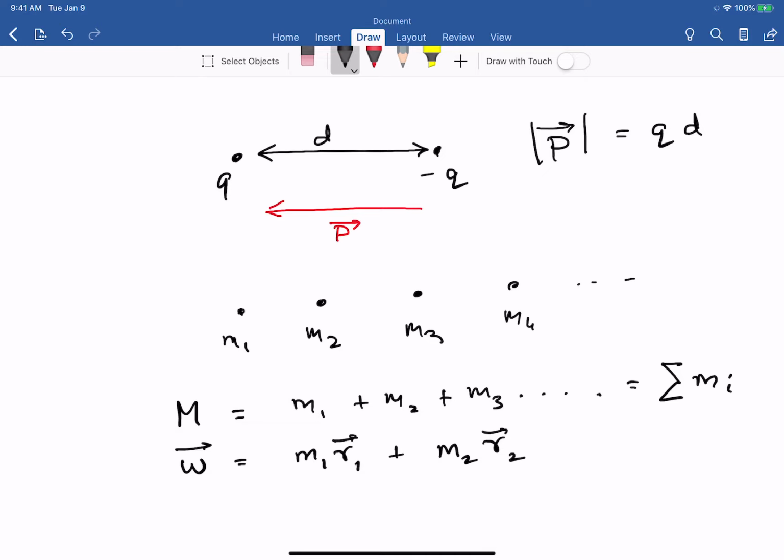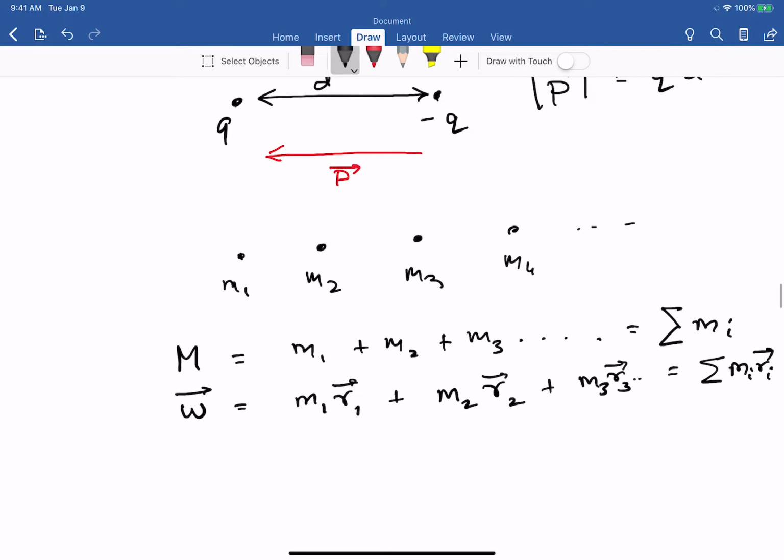Now, I drew these particles as all lying in one straight line, but they don't necessarily have to lie in the same straight line. They can have any distribution. So the vector W is M1 R1 plus M2 R2 plus M3 R3 and so on. If you want, you can also write this as the sum of Mi Ri. That's my new vector W.